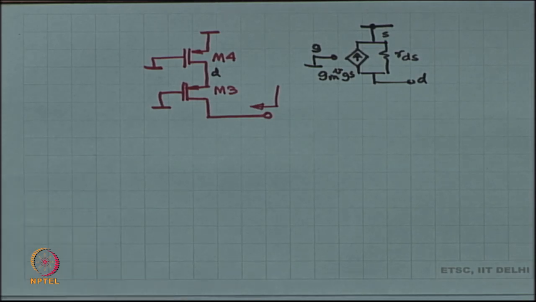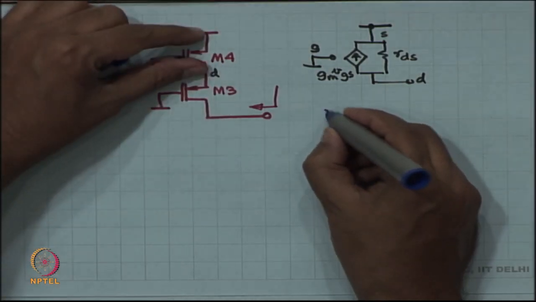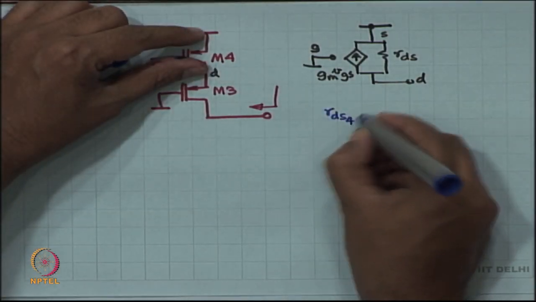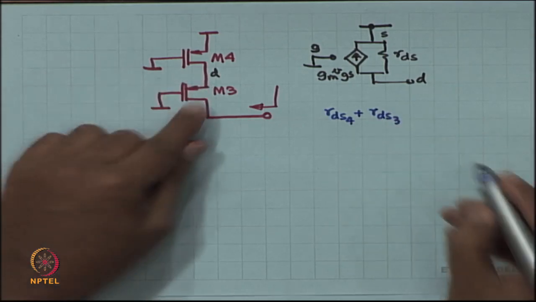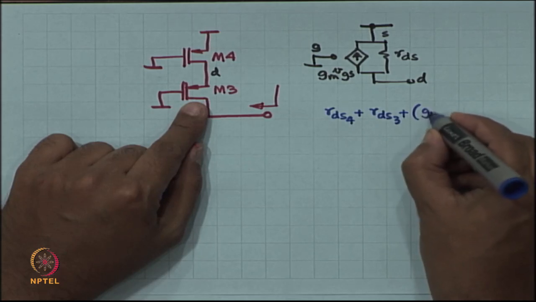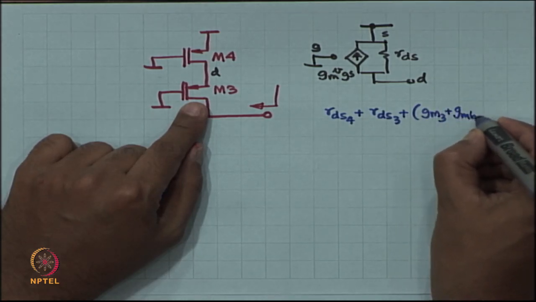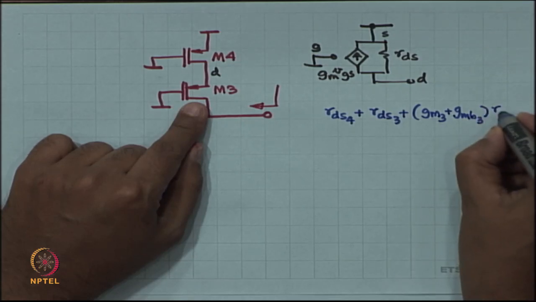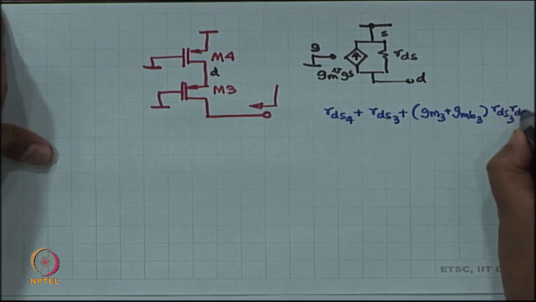It is the same old formula: rds4 plus rds3 plus the intrinsic gain of M3 times rds4.